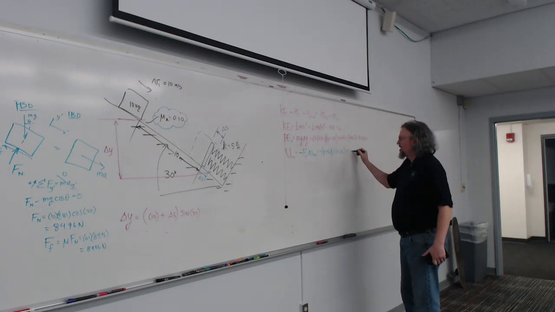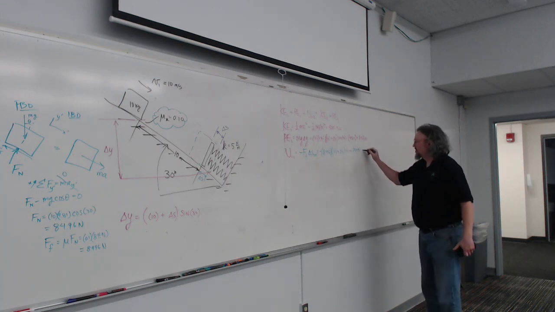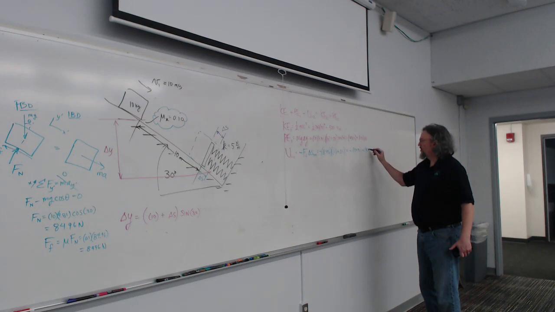So we have negative 84.96 and also negative 8.496 delta S.